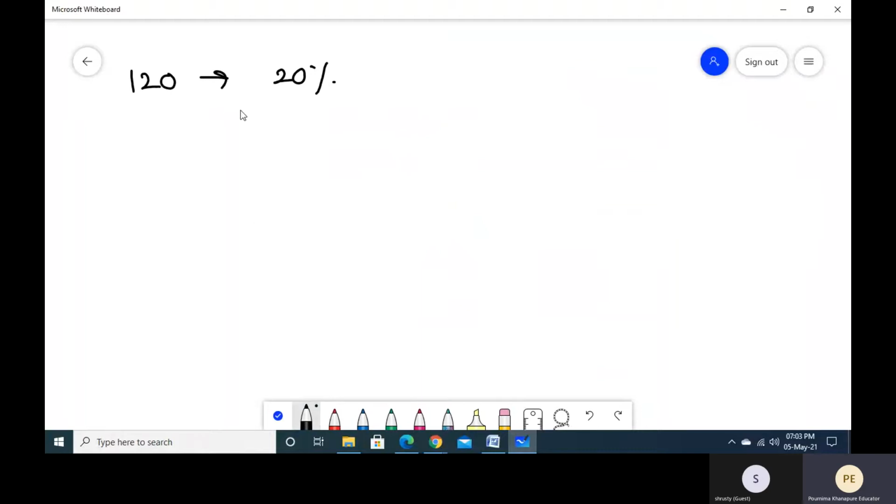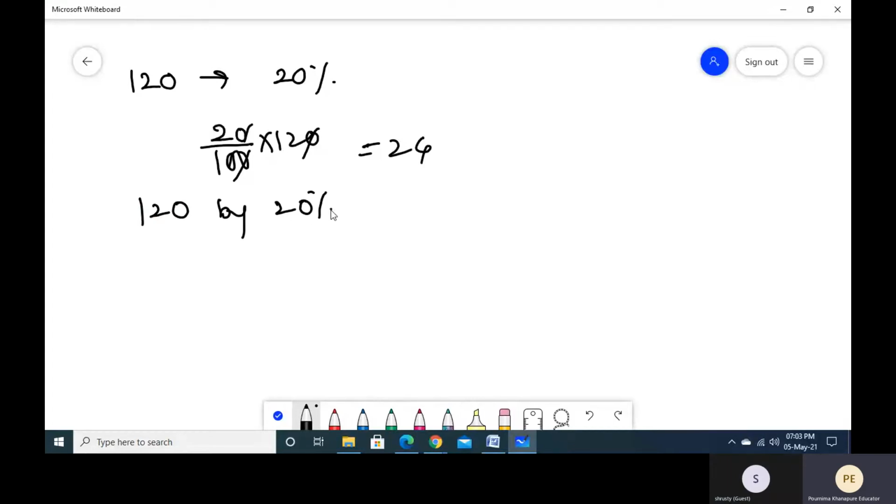How will you find? 20 upon 100 multiplied by 120. Yes, so this will cancel. So 24 is the 20%. If you want to increase 120 by 20%, then what to do? Add that 24 to 120. Yes, so we just need to add 120 and 24.